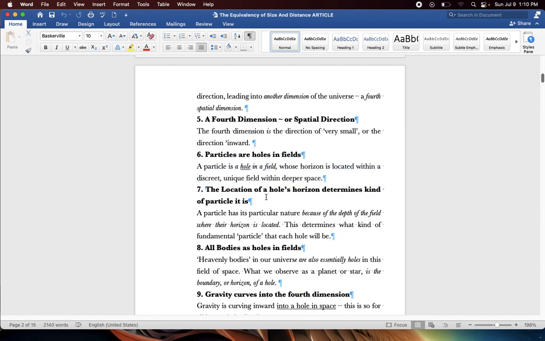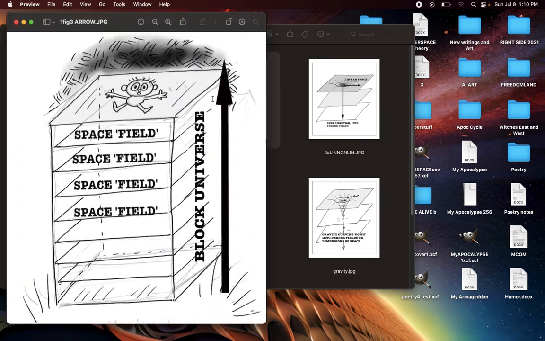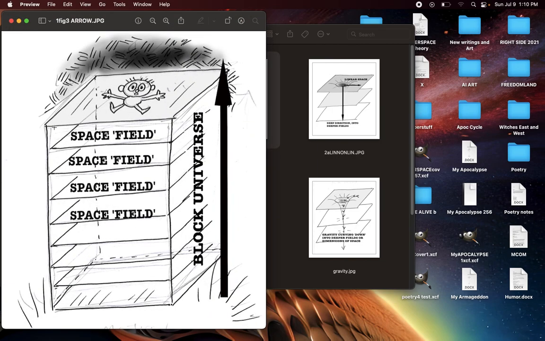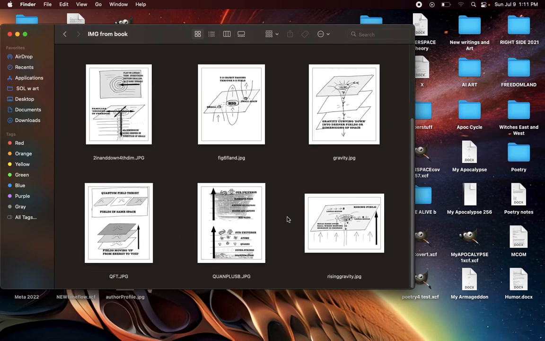So again, if we remember that block universe, where the fields lie alongside each other and then going up to our field of space, quantum particles would be within these deeper fields.